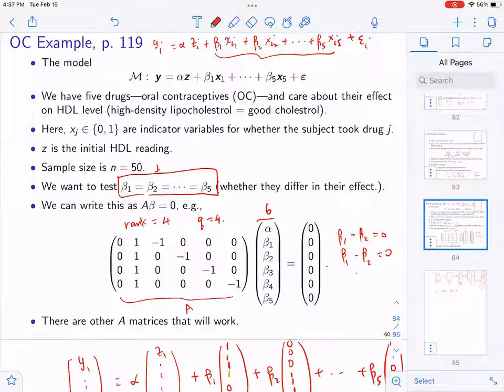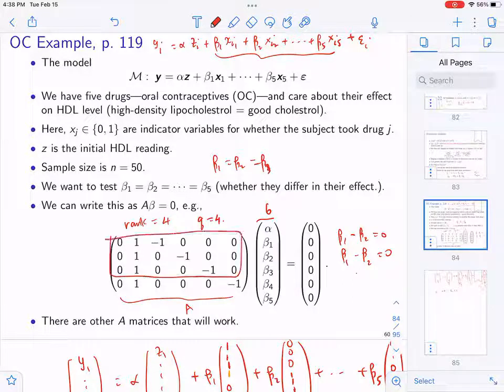If you have fewer constraints, then the rank would be smaller. Was that the question? Let's say my constraint was just beta 1 equal beta 2 equal beta 3, I just want to test whether the first 3 drugs have the same effect, then I would just have this part. No problem. It just depends on what your constraints are. Okay, any other questions?